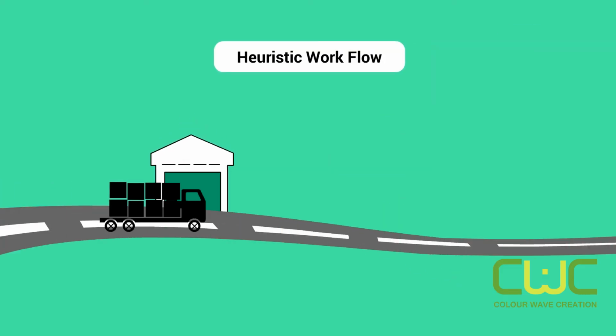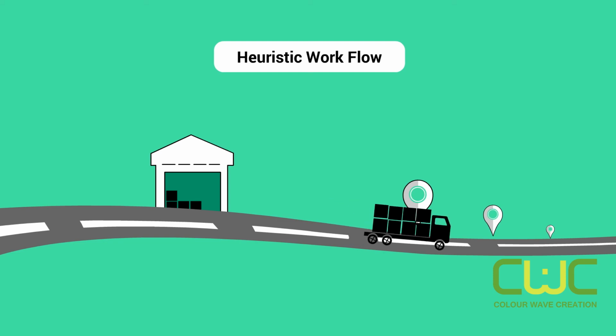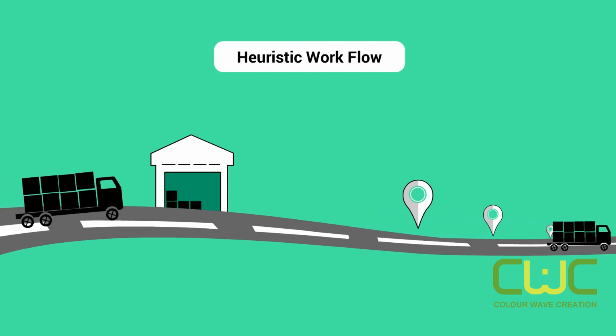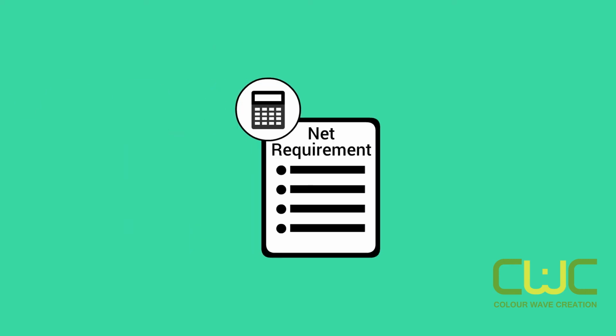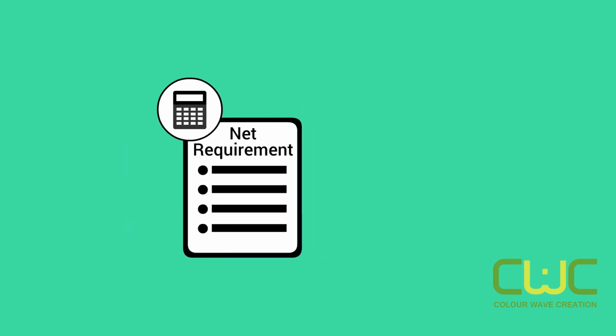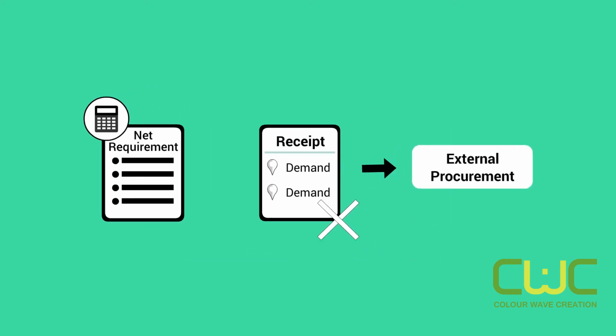The heuristic workflow can be sequenced as follows. The system determines the sequence of the locations to be planned and starts with the location that only has inbound transportation lanes. In case the net requirements calculation is unable to find any receipt element to fulfill the demand at a customer location, then to meet this demand, the product is procured externally.